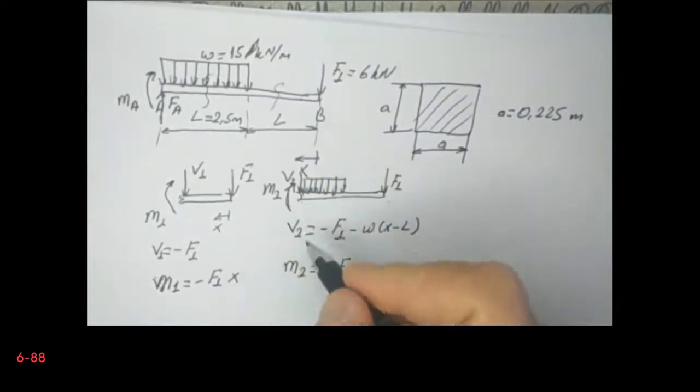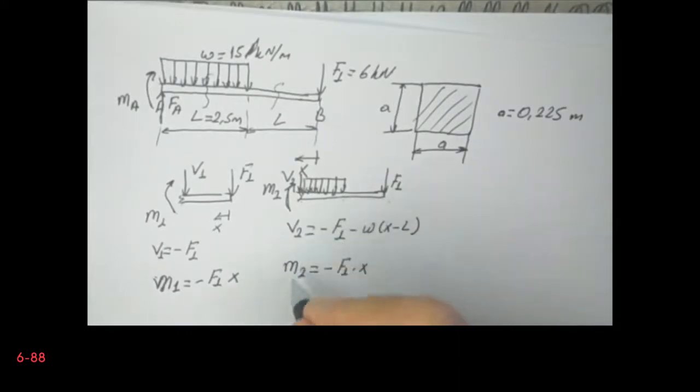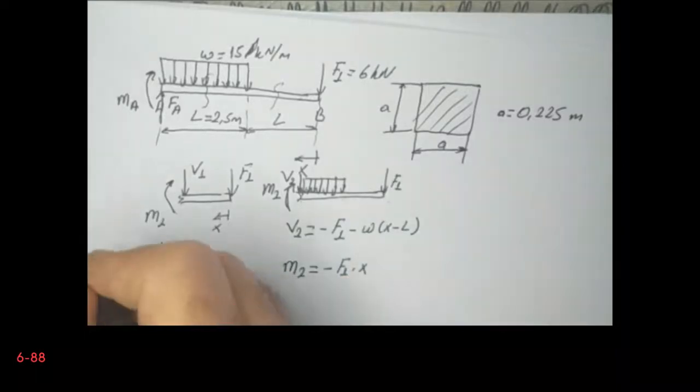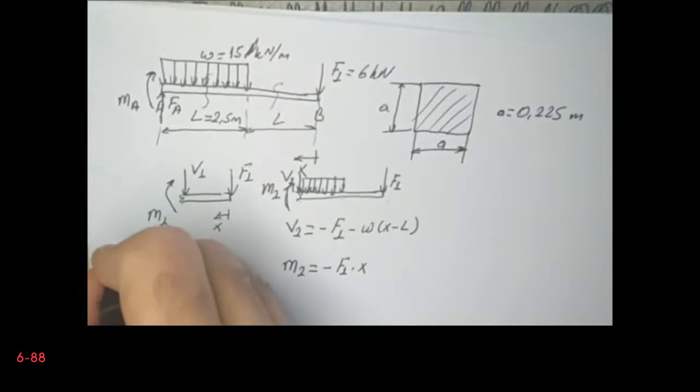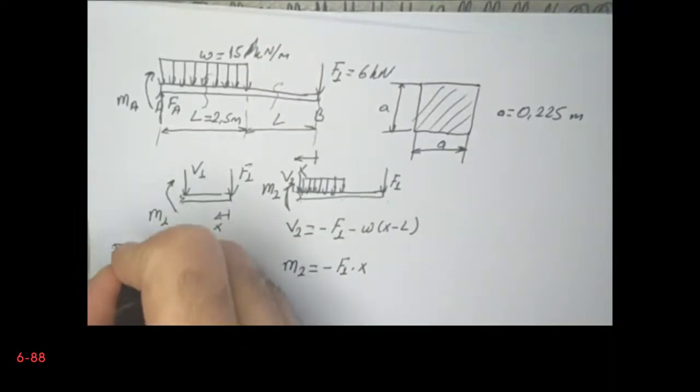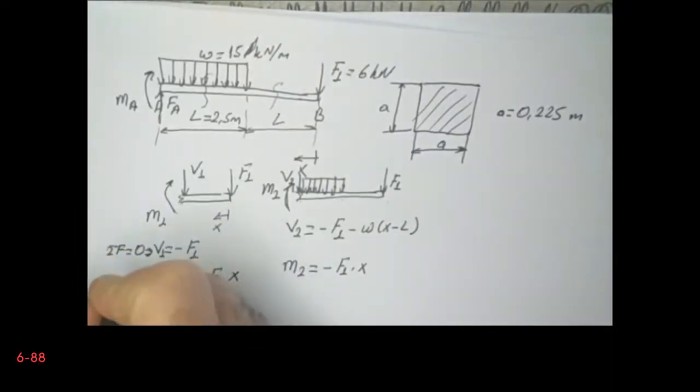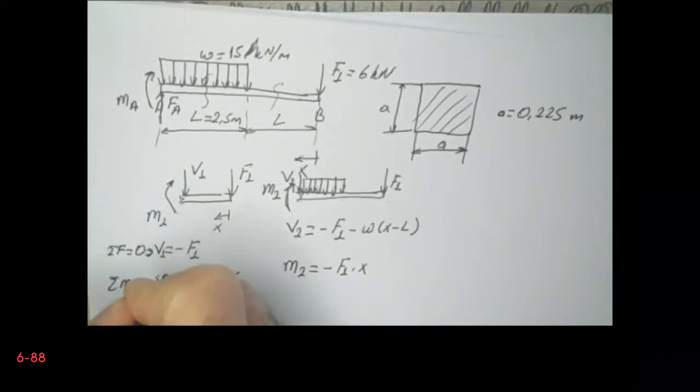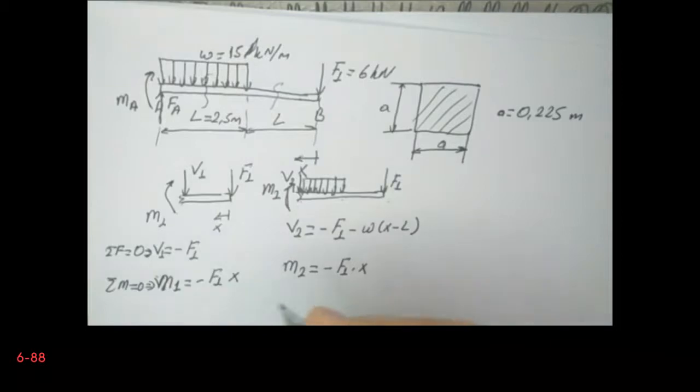So never forget that I just write the static equilibrium in calculating these internal shear force and bending moment. So this comes from sum of the forces has to be equal to 0, and sum of the moments has to be equal to 0. It is the same for V2 and M2.